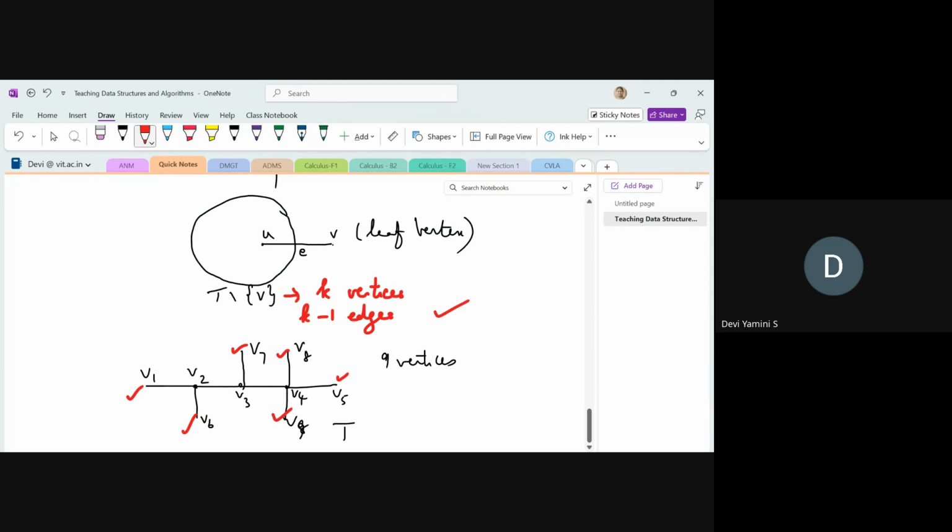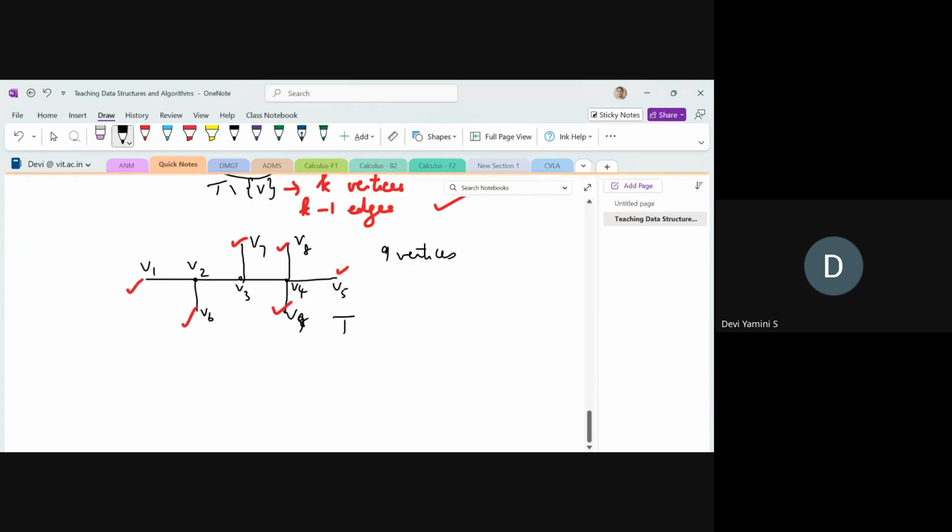I choose arbitrarily one of the leaf vertices. So I pick V5 to be my leaf vertex. I can take any of the leaf vertices for that matter. Now what is the graph that is remaining after removing V5? It is V1, V2, V6. This edge has been removed.